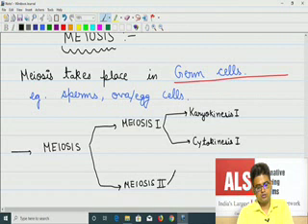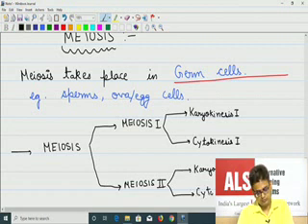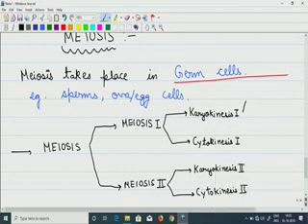Meiosis 2 is divided into karyokinesis 2 and cytokinesis 2.